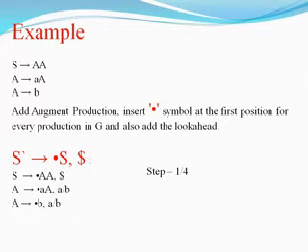For example, if our grammar is M tends to M, we will write M dash tends to dot M, comma dollar. This is how we mention an augmented grammar.